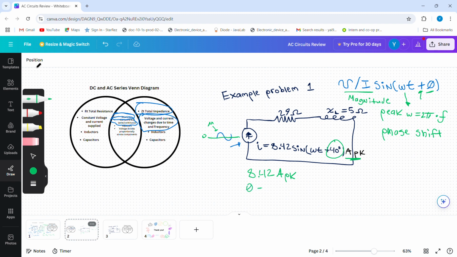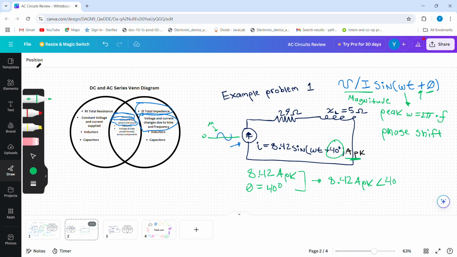So our theta is equal to 40 degrees. And our omega t, we can't find the frequency from here, so I'm going to leave it as is. And when I'm going to think about my math, I want to be in polar form or phasor form. So I'm going to go ahead and write that out.